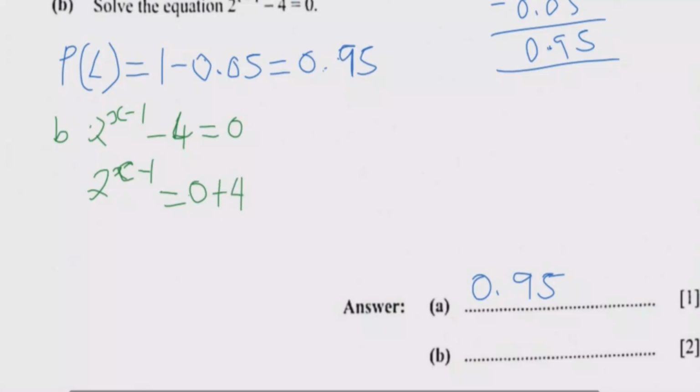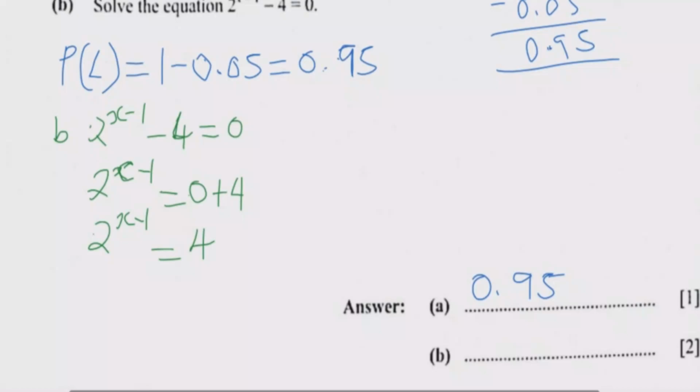We are saying 2 raised to the power of x minus 1 is equal to 0 plus 4, which will give us 4. Then what we need to do is have the same base.